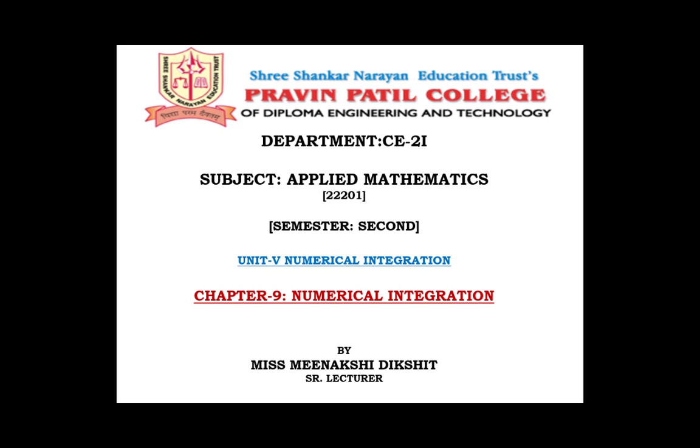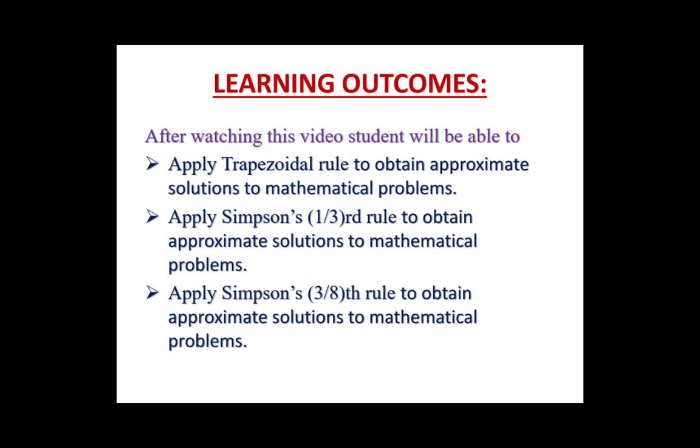In civil engineering, your unit 5 is numerical integration, and under numerical integration you have only one chapter, chapter 9. So this is your last chapter. Let's see the learning outcomes. After watching this video, students, you will be able to apply the trapezoidal rule to obtain approximate solutions to mathematical problems.